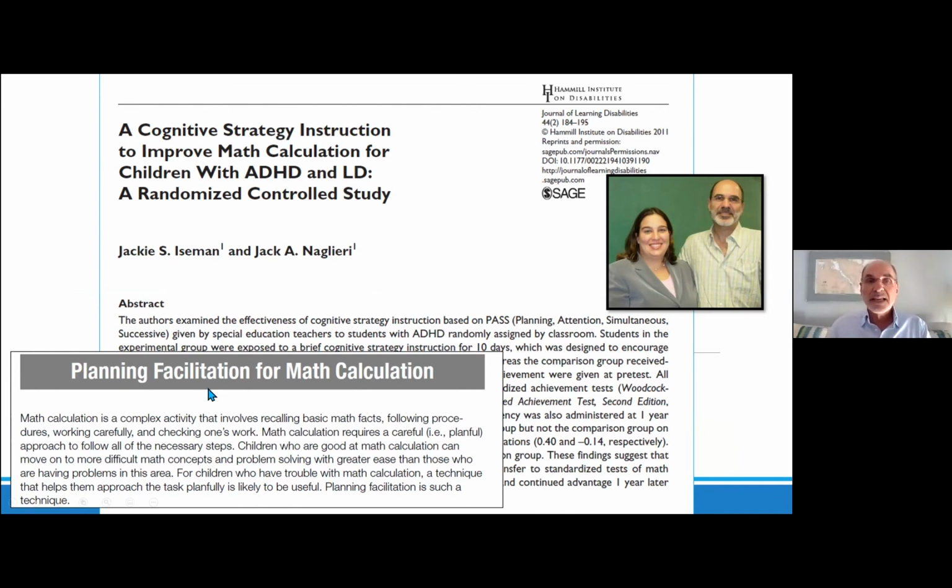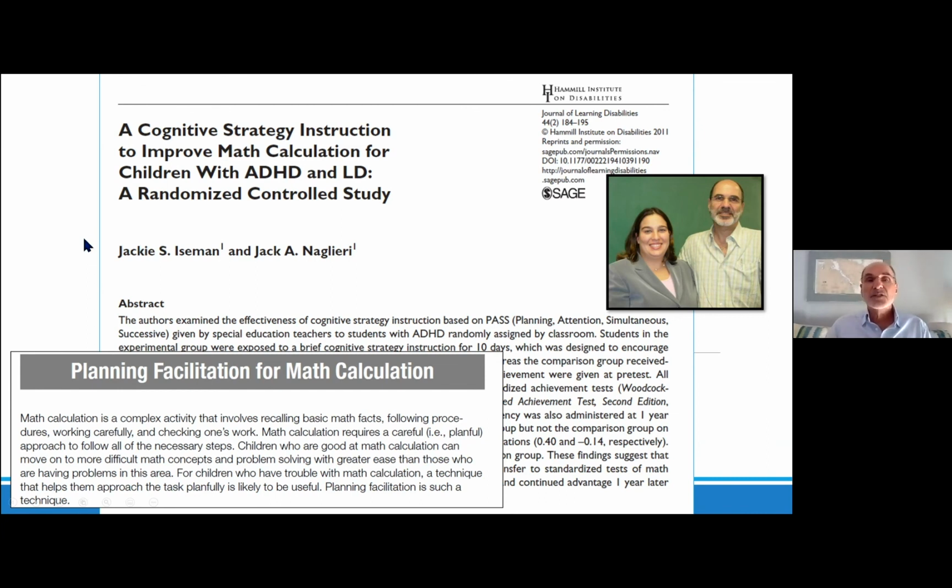Now, one of the handouts for this case is planning facilitation for math calculation. I've published a line of research on this methodology called planning facilitation, not planning instruction, because you don't actually teach kids to be strategic. You encourage them to understand the value of a strategy.